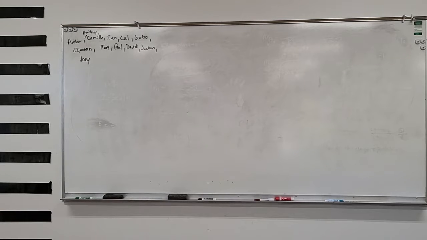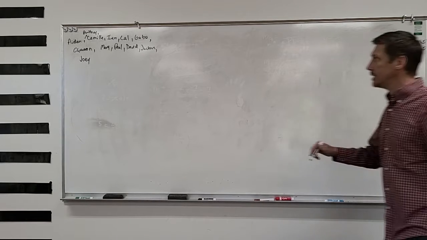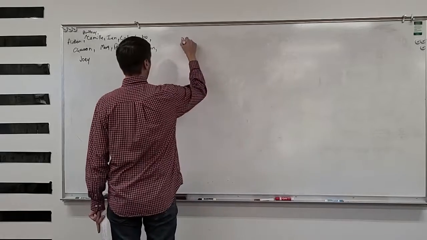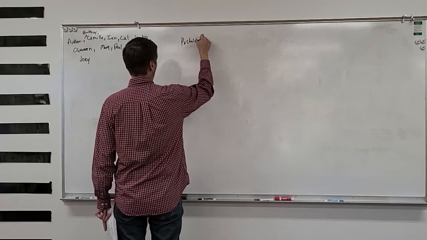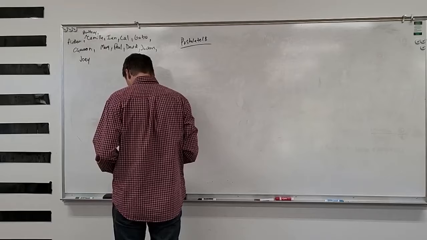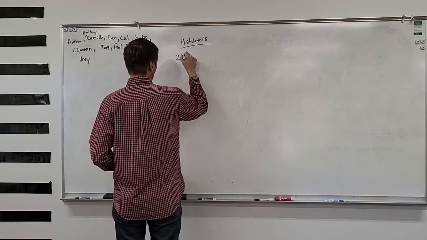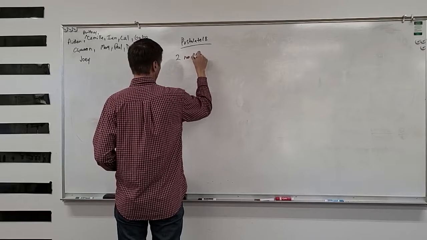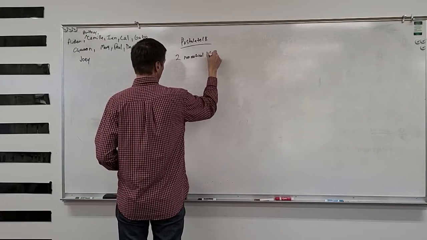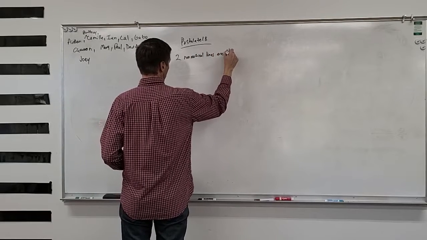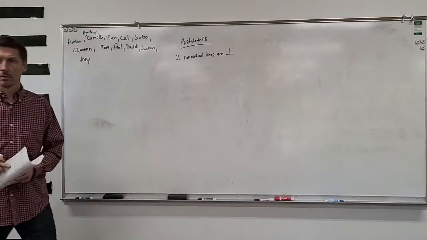So we've got another postulate. This is postulate number 18. We're jumping now into section 3.7. And postulate 18 says this. Two non-vertical lines are, what does that symbol mean?